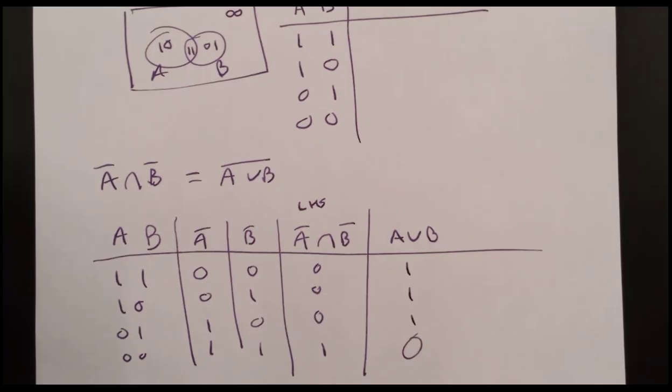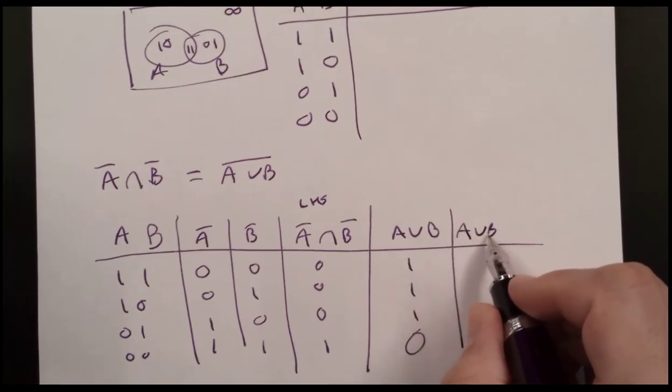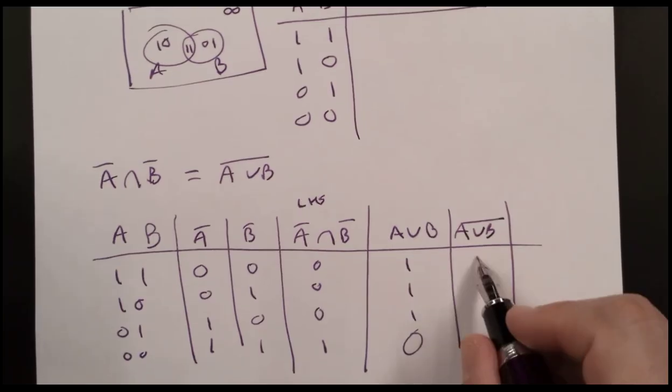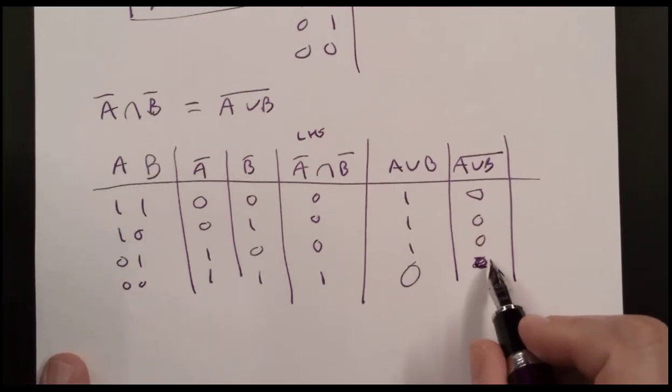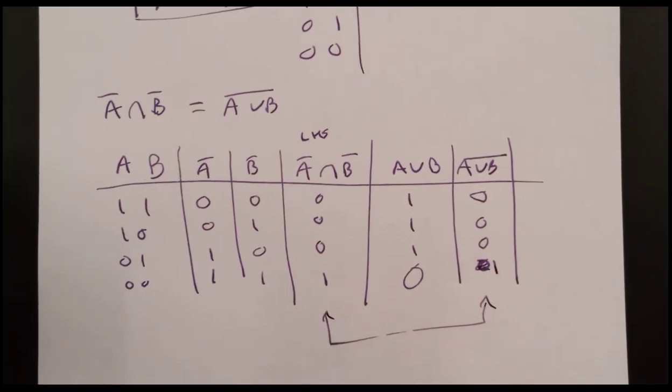Now take the complement of that, because the right-hand side is A union B complement, and you get 0, 0, 0, 1. And lo and behold, those two columns, they match. Technically, I should write one more column. Are those two columns equal to each other? And I will get 1, 1, 1, 1, a tautology.